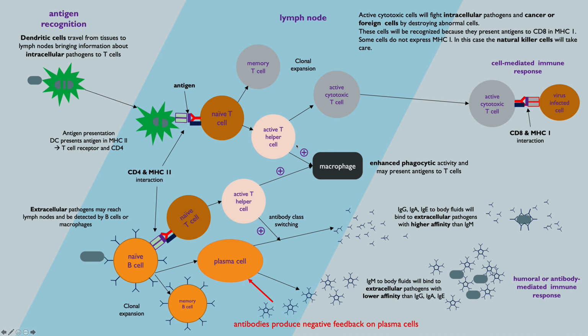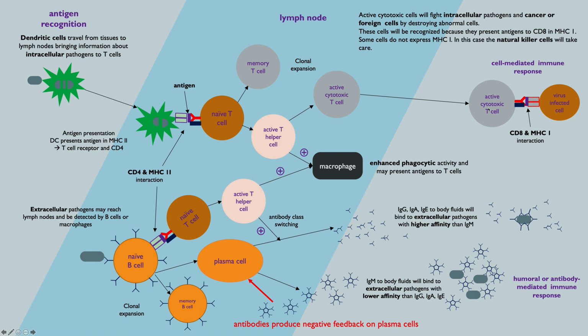Now, the active T helper cell will stimulate the macrophages to intensify the phagocytosis, and also will stimulate cytotoxic T cells, the CD8 cells, so they travel to the different tissues in which the infection is taking place and recognize cells that are infected by the same pathogen. Okay, it has to be the same pathogen that initiated this response. That's why we call this specific immune response.